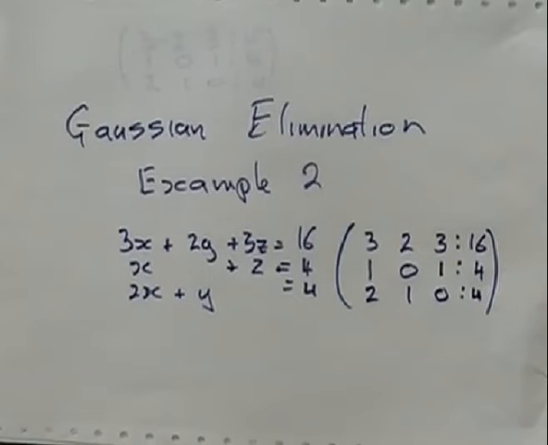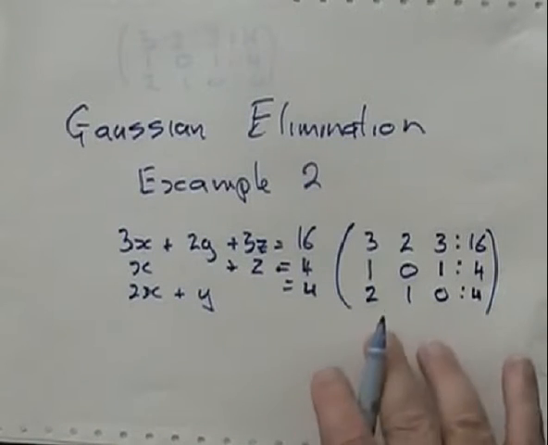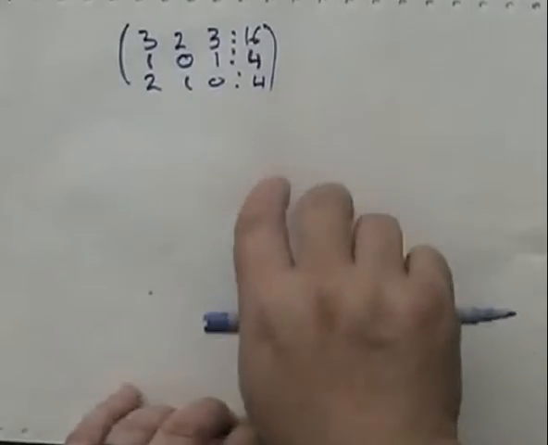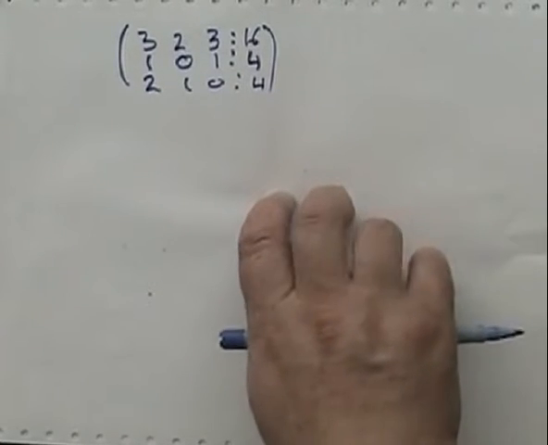So I now want to solve this. And the easiest way is to do this using Gaussian elimination, especially when we get into big ones like 4x4, 5x5s. So here's my matrix, and I'm going to start doing some row operations on here. What's the easiest way to deal with this?